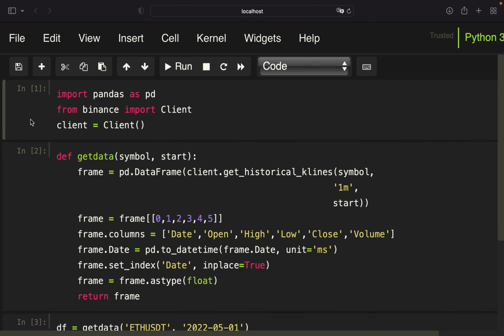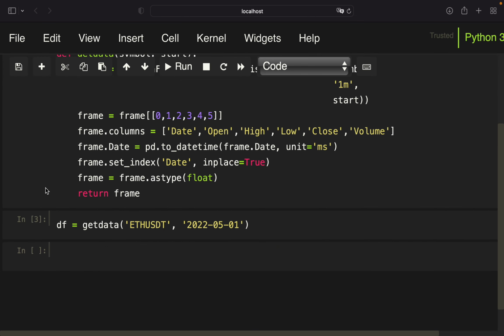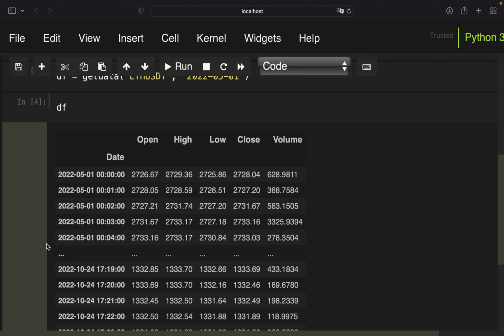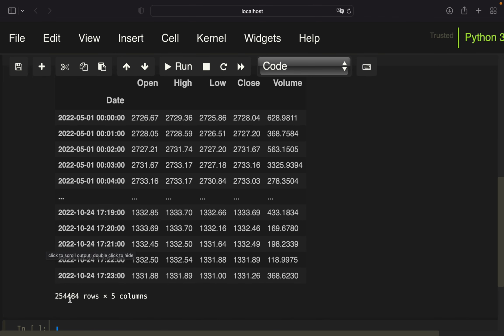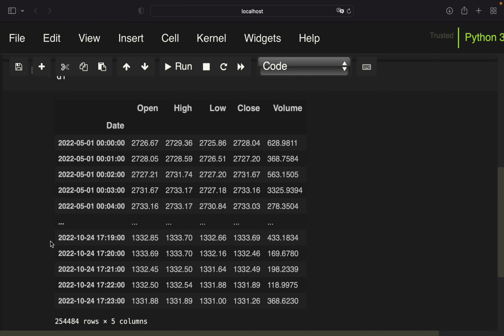Alright, let's get started. As you see, I already pulled cryptocurrency price data using the Binance API. I've covered how to do that exactly in a previous video, which I will link in the video description. So for now, I pulled 1-minute granular price data for ETH starting May this year. With that, I'm getting a data frame like this, containing 250k rows, open, high, low, close data, 1-minute granular here.